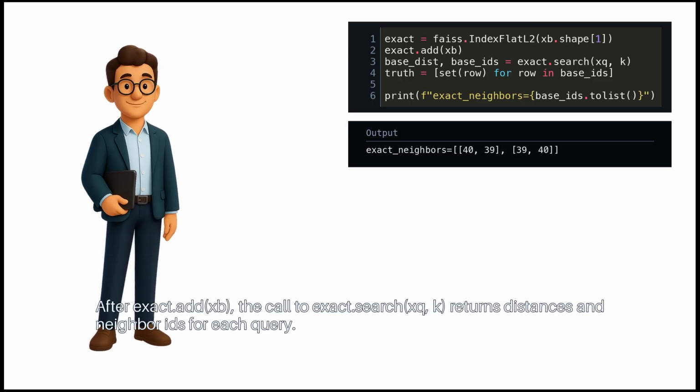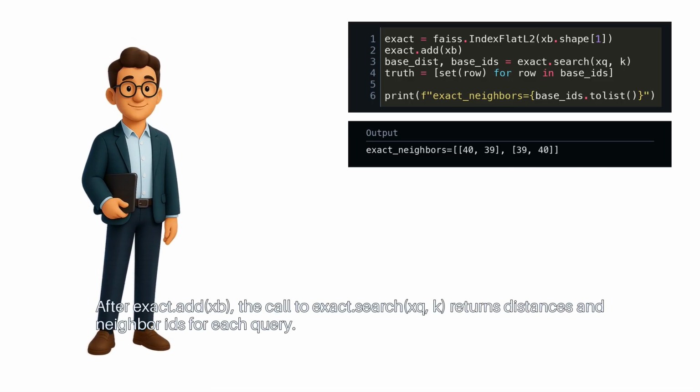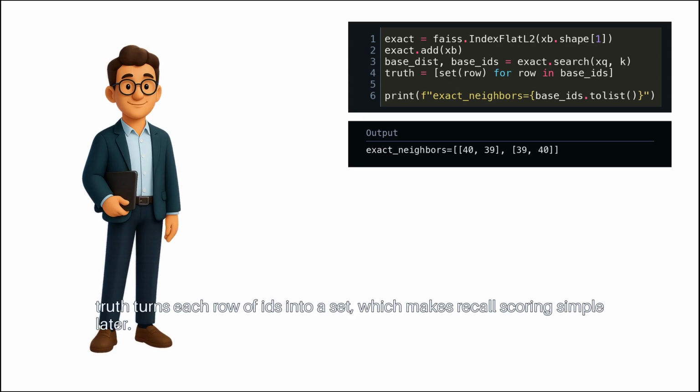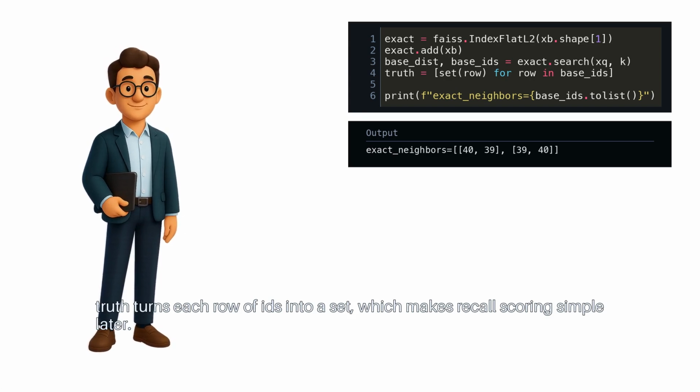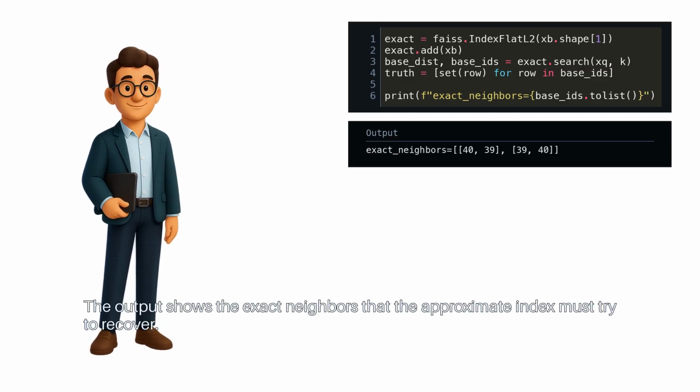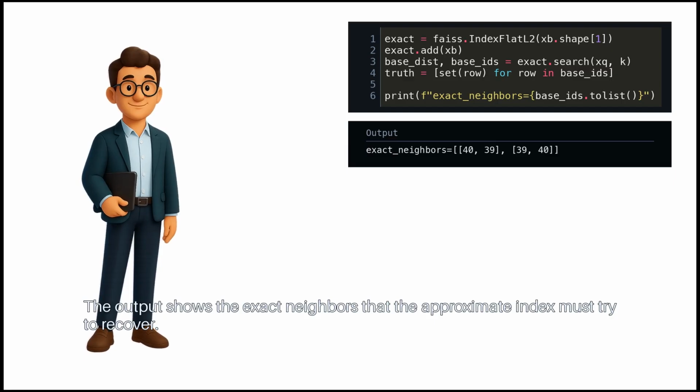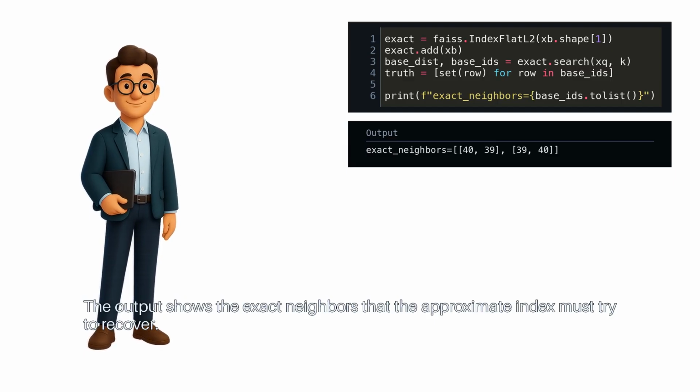After exact.add(XB), the call to exact.search(XQ, K) returns distances and neighbor IDs for each query. Truth turns each row of IDs into a set, which makes recall scoring simple later. The output shows the exact neighbors that the approximate index must try to recover.